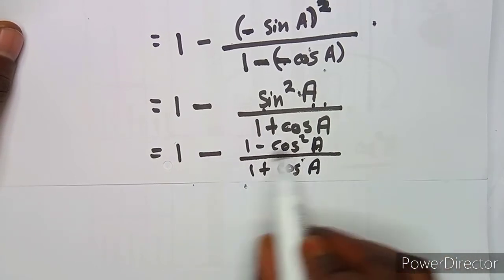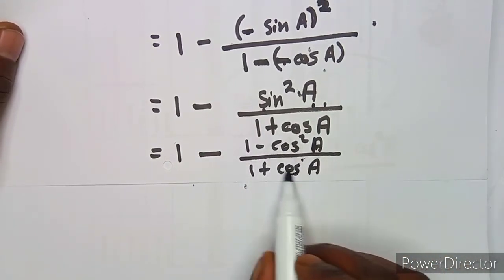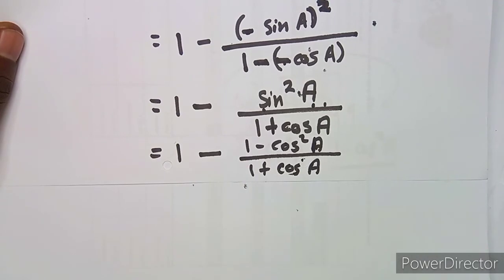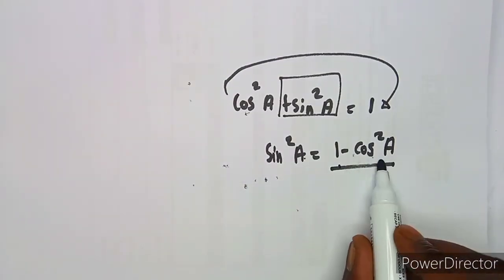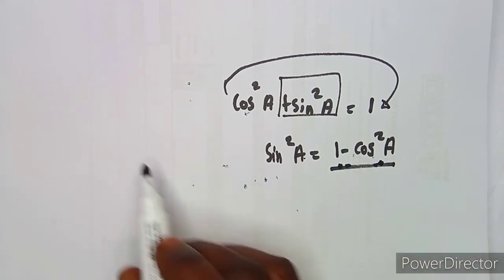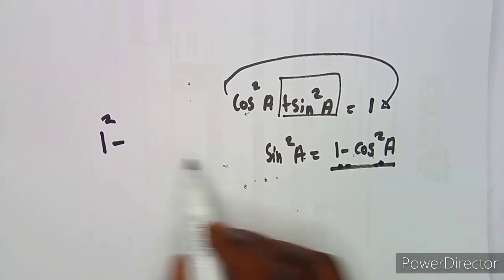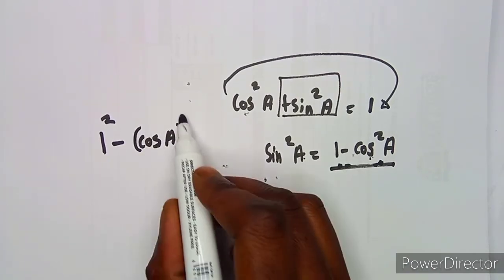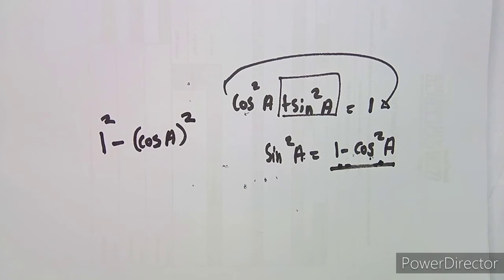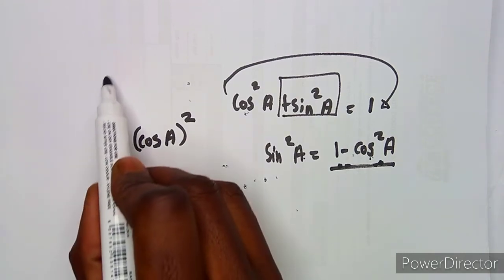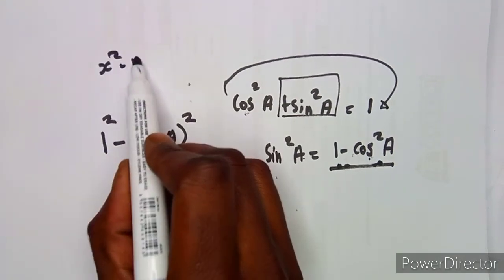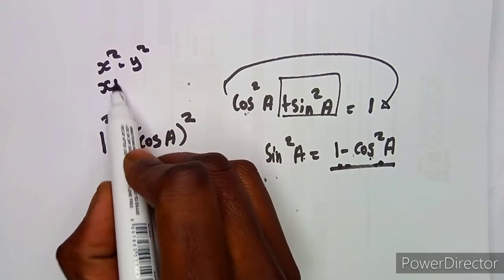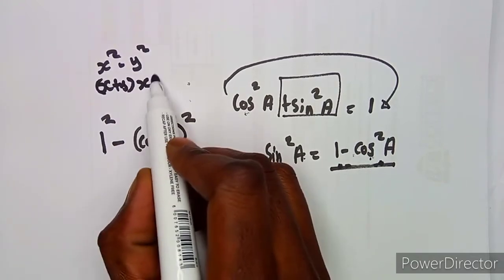So at least we have got something that has to do with cos here, but how is it going to help us? All right, remember 1 minus cos squared is actually a difference of two squares, because it's same as 1 squared minus cos a squared. So remember, from your difference of two squares, x squared minus y squared, it gives you x plus y into x minus y.